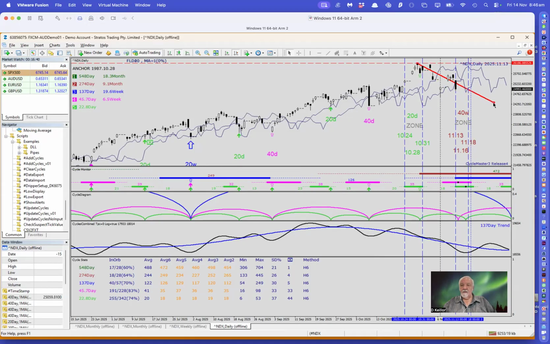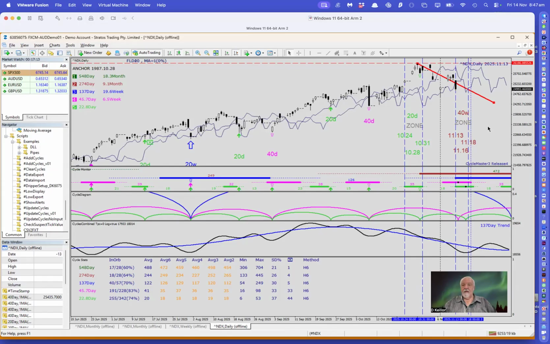So what that's saying is that the drop based on the 40-day FLD will be relatively shallow, but importantly, it's indicating that it may in fact be later than this 40-week zone that we've got on here at the moment. The 40-week zone is between the 13th of November and the 18th of November.